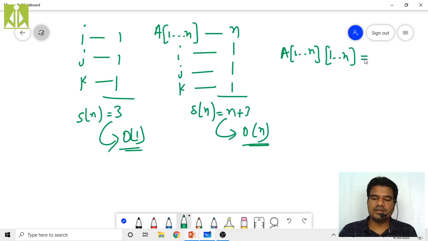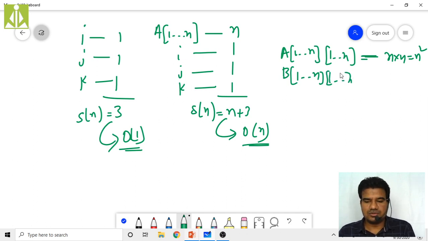What will be the space requirement to store this array? n cross n, n rows and n columns, that is n square. Then if you use another matrix, again n cross n, n square.